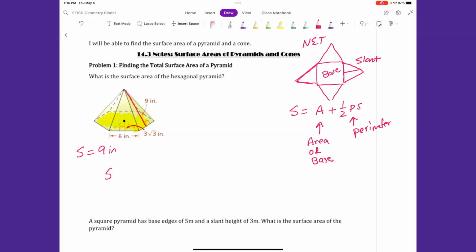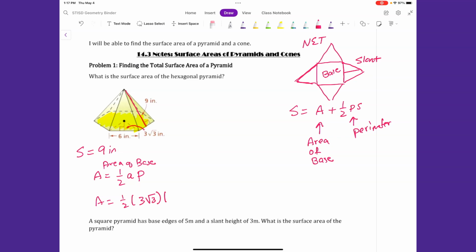So S, A equals 1/2 little a times P. Now I'm finding the area of the hexagon, the area of the base. So A equals 1/2 times the apothem, in this case 3 square root of 3.